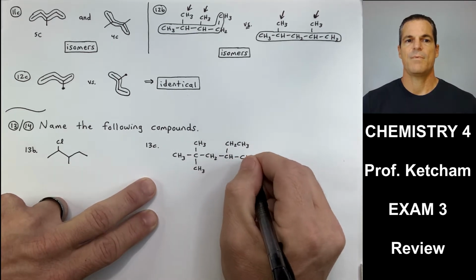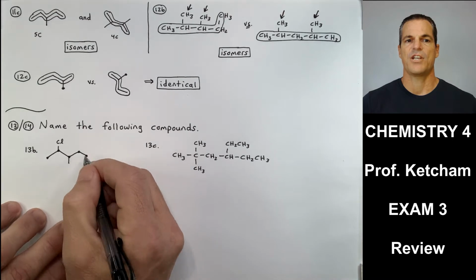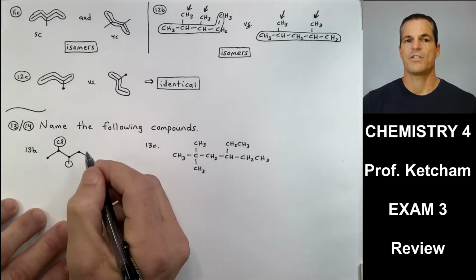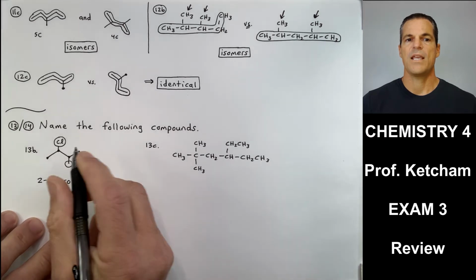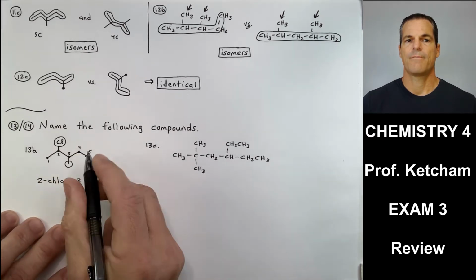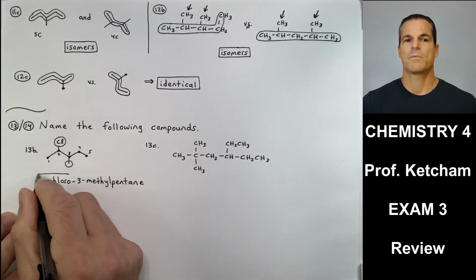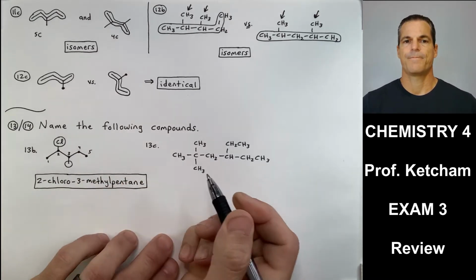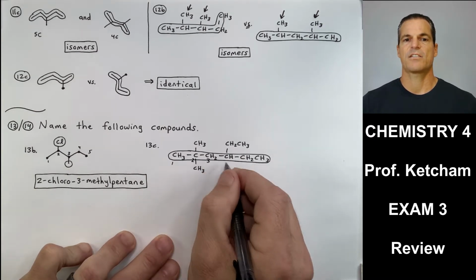So for 13B, I'm putting dots on what I think is the longest uninterrupted chain, and then I'm circling the branches. So it's 2-chloro, 3-methylpentane. Notice the C in chloro comes before the M in methyl. For 13C, I notice that my longest chain is 6 carbons.